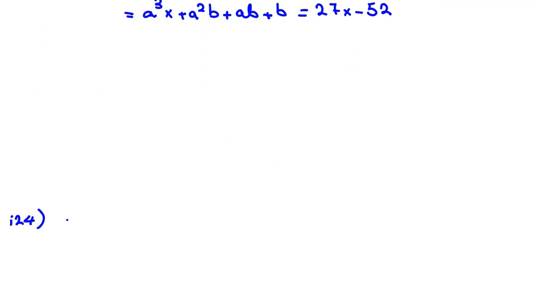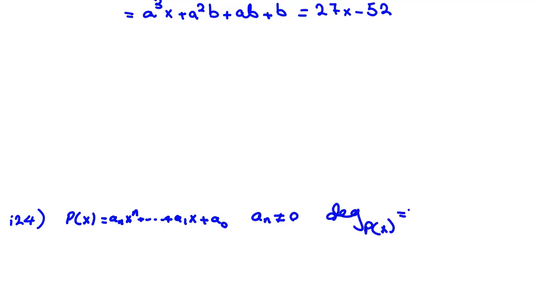Each polynomial has, for example, if p of x is a polynomial, a_n x^n plus ... plus a_1 x plus a_0, a_n is not 0, so the degree of p of x is n. So you can write p of x as a_n times (x minus r_1) up to (x minus r_n), and maybe some of the r_i's are equal, which are complex numbers.